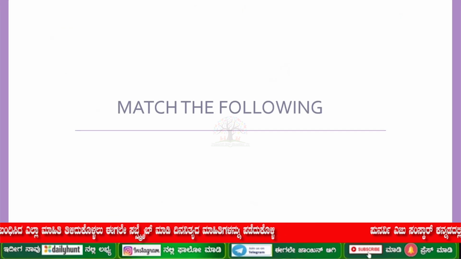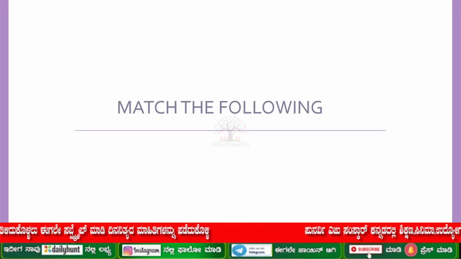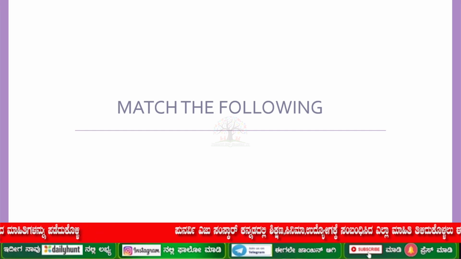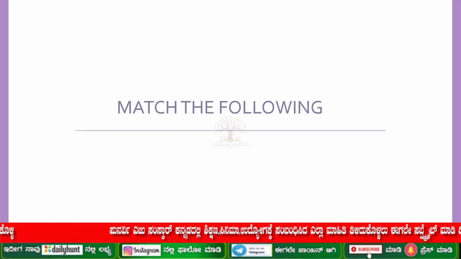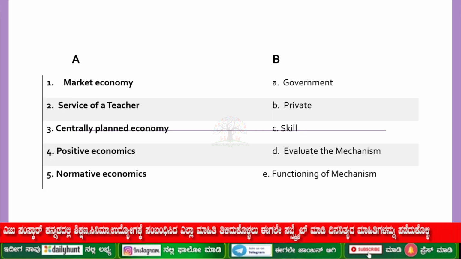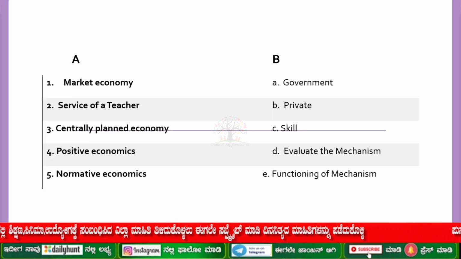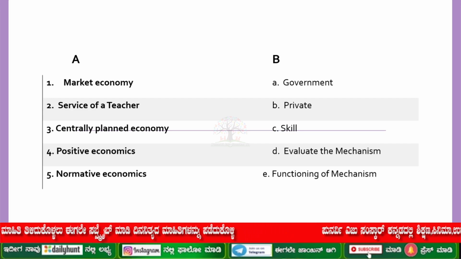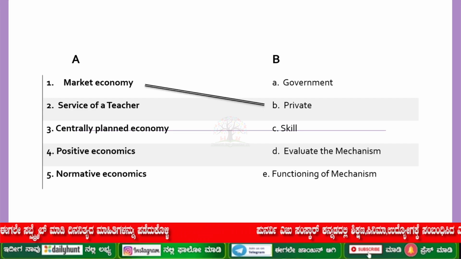Dear students, let us discuss an interesting and important concept, that is, match the following. As we know, all students like to answer this question. Now let us start. Market economy: we know in the market economy, all economic decisions are taken by private entrepreneurs.